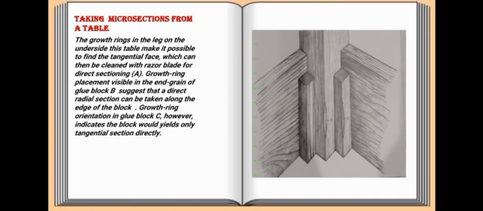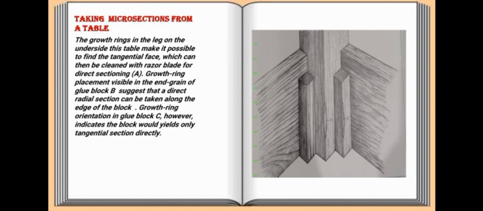The next is taking microsections from a table. The growth rings in the leg on the underside of this table make it possible to find the tangential face, which can then be cleaned with a razor blade for direct sectioning.